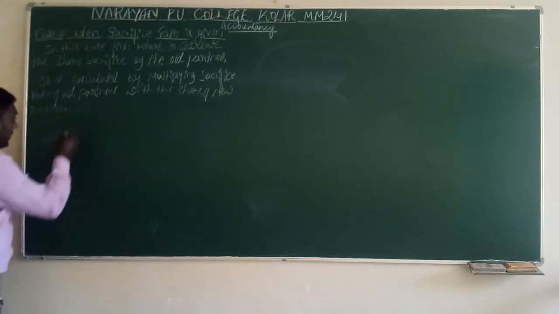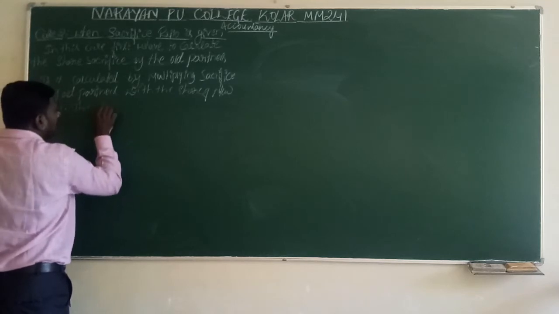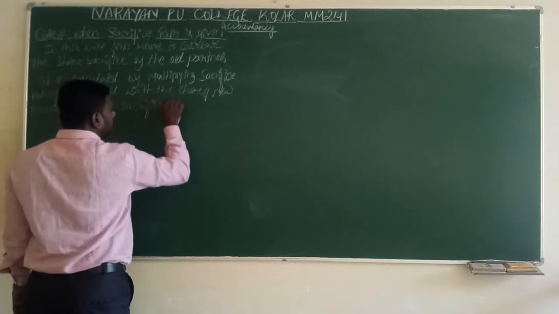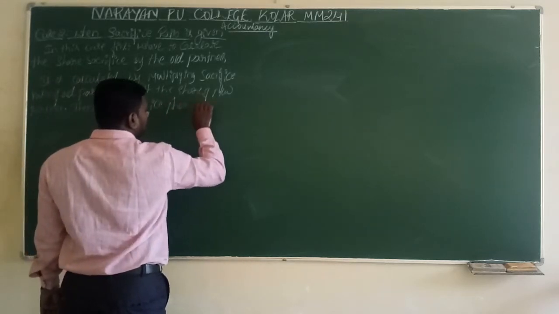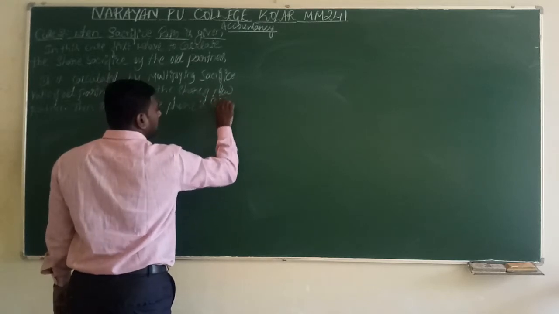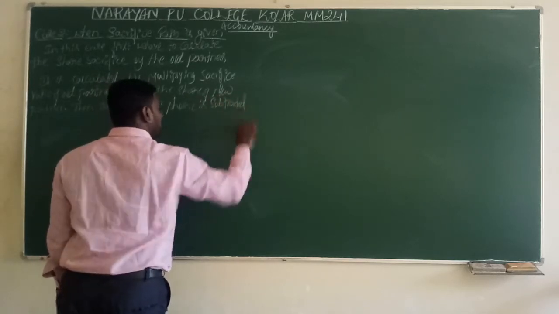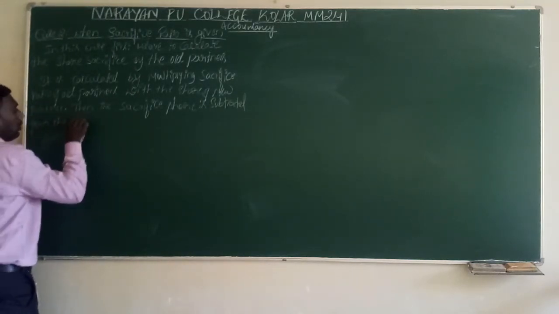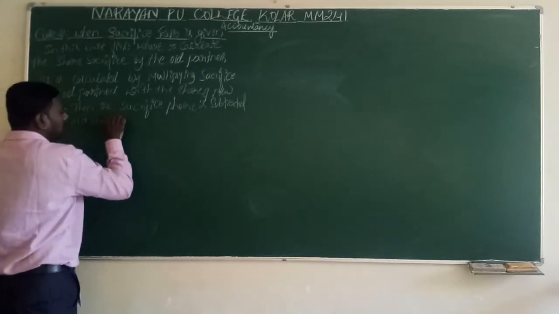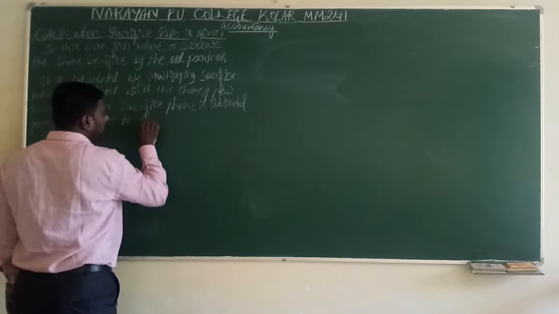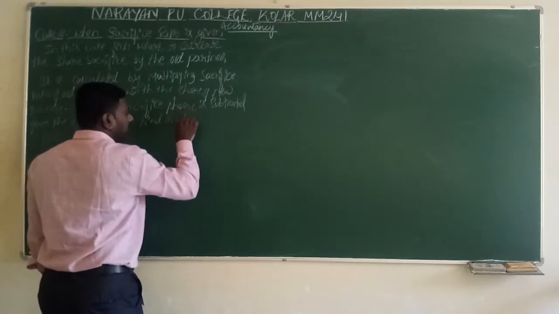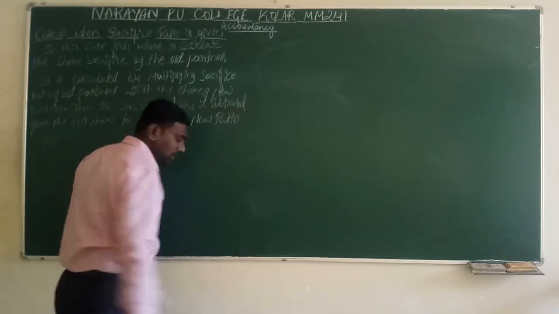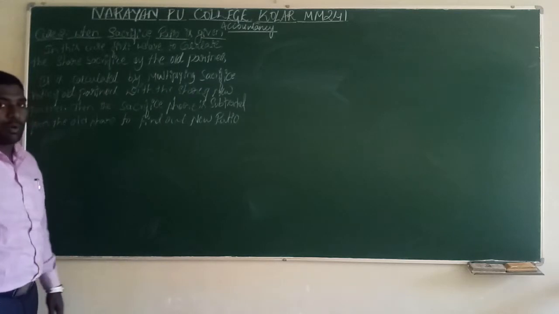Then the sacrifice share is subtracted from the old share. We get to find out the new ratio. This is about case number 2.